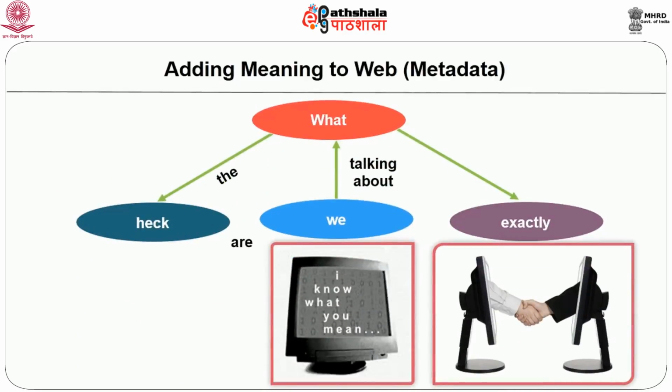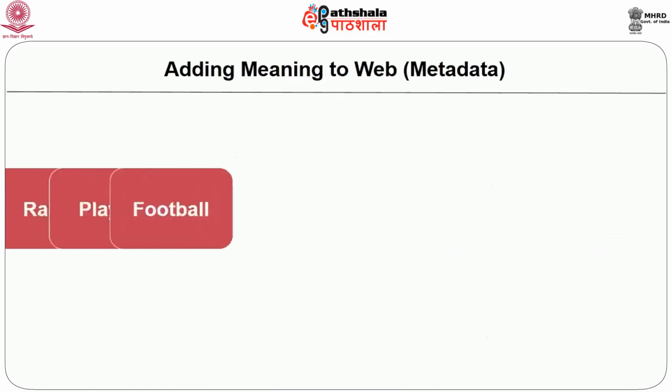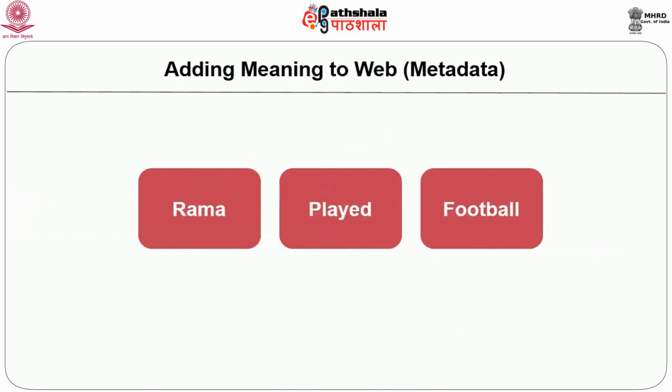In the picture I have included, suppose we are talking about some sentence. Some of the words I removed, and I store what exactly is involved and what the relation is with the other one. This is defined separately, so that we create phrases or words that are separate and define the meaning between them. For example, Rama played football.